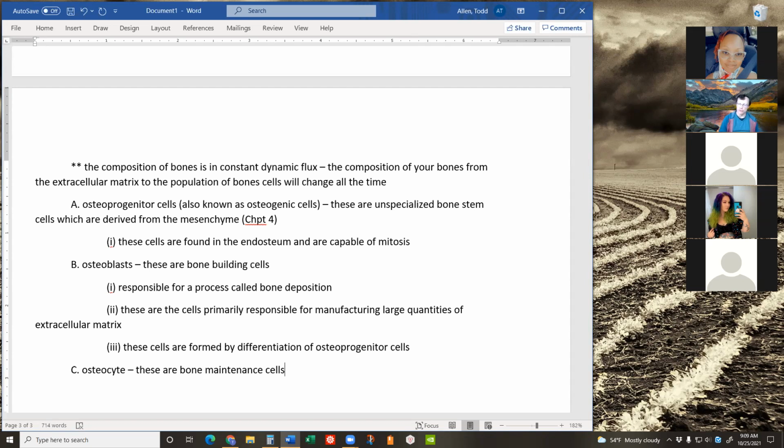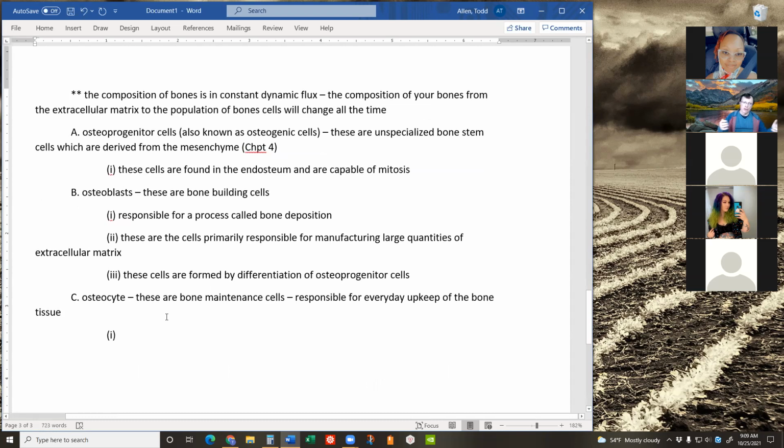They are responsible for the everyday upkeep of the bone tissue. Okay, the osteocytes themselves, well, how do they form? They also form from differentiated osteoblasts.